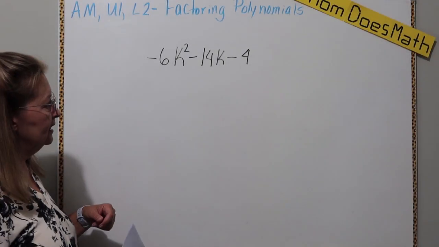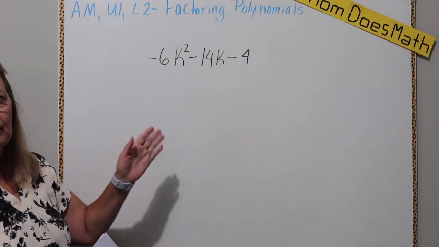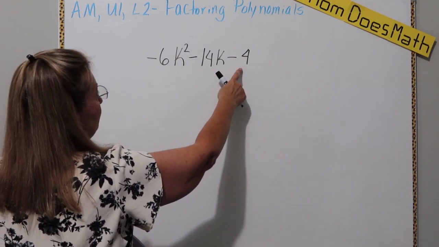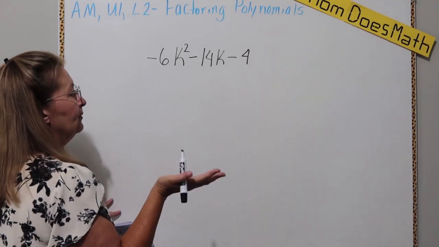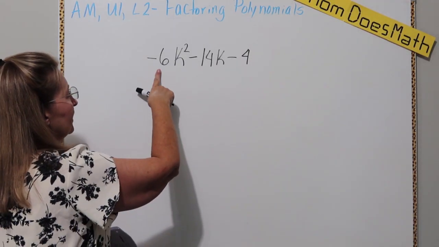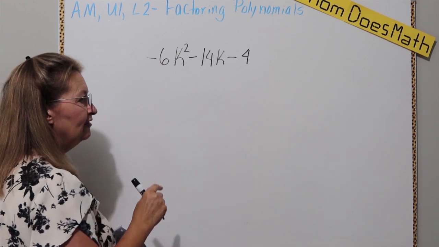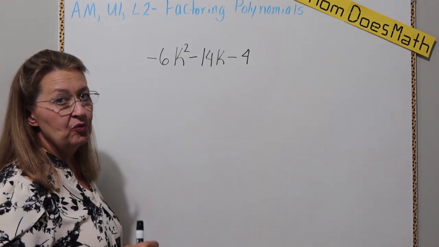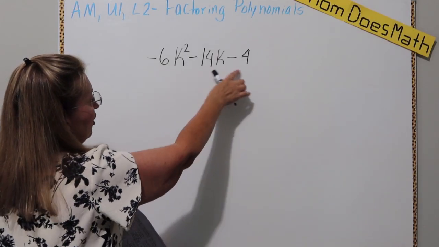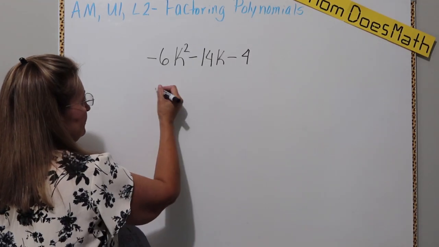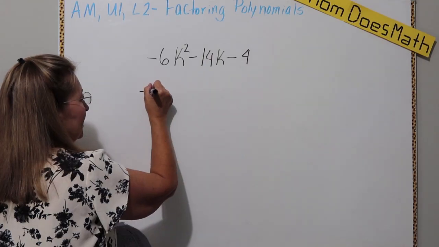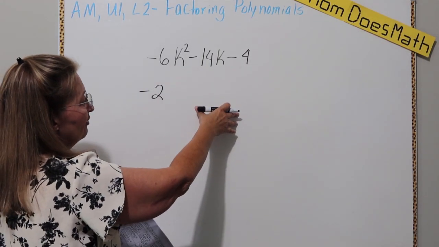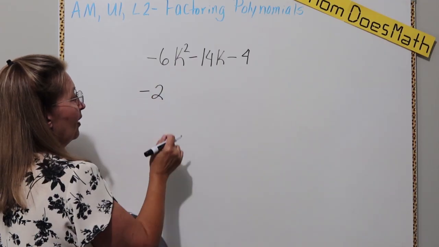Okay, number 26. I do have a trinomial, so let's look for a greatest common factor first. Now, all of these are even, so I could take out a 2. Let me give you a tip here. Since my leading coefficient is negative, that's not good. But we can factor that out as well. The greatest common factor between all of these things is 2. But if I go ahead and factor out a negative number, that's going to change all these signs and it will make this positive.